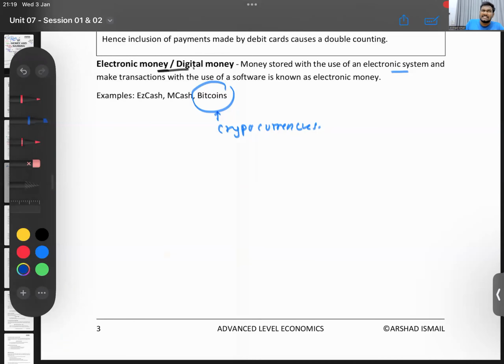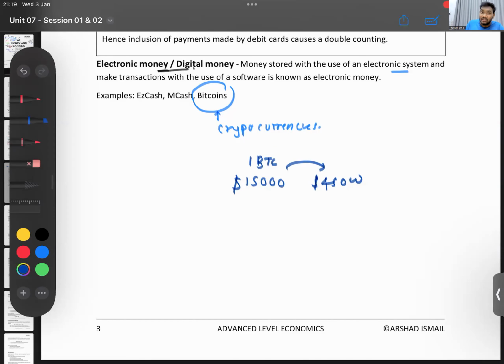Now, for example, I'll give you a good example. Around 6-7 months ago, one Bitcoin was around $15,000. Now, one Bitcoin is trading at around $45,000. When you're buying, you don't have to buy one complete Bitcoin. We say BTC.